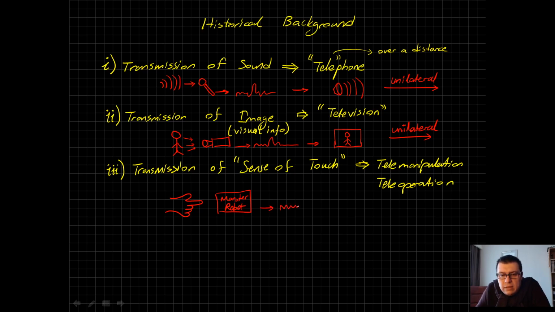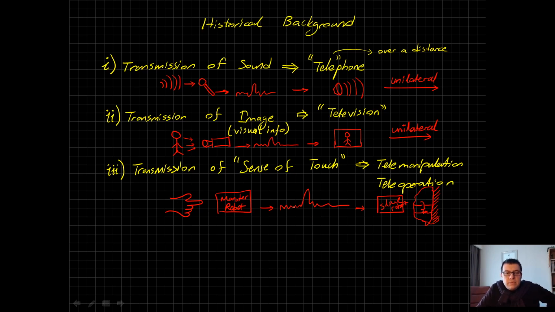And the signal is transferred to electrical medium, and on the slave system, slave robot, you have interaction with the environment. Okay, that's the interaction with the environment. But let's have a look at this structure.